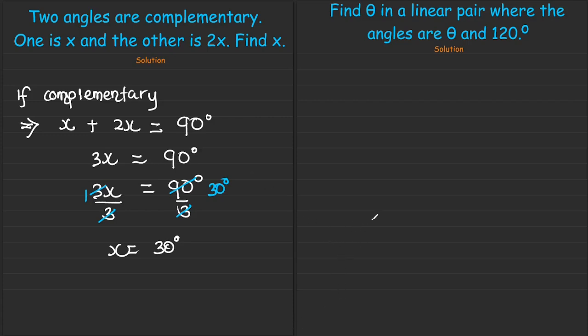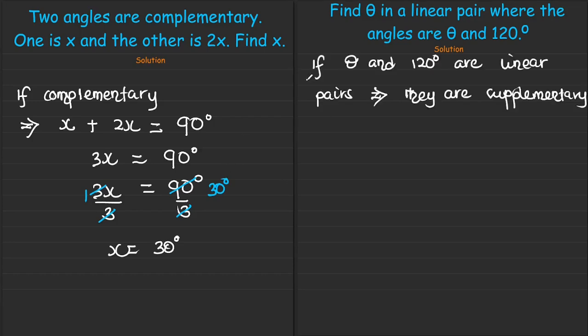In our second question here, it says find theta in a linear pair where the angles are theta and 120. So this is also testing our understanding on whether or not we know what a linear pair is. We start by saying if the angles are linear pairs, then they are supplementary. So if theta and 120 are linear pairs, then they are supplementary.